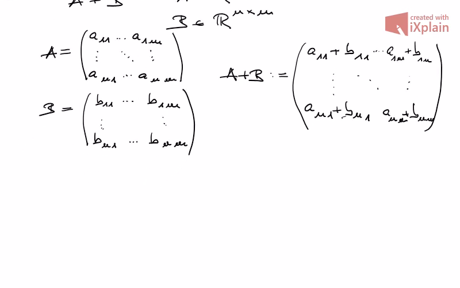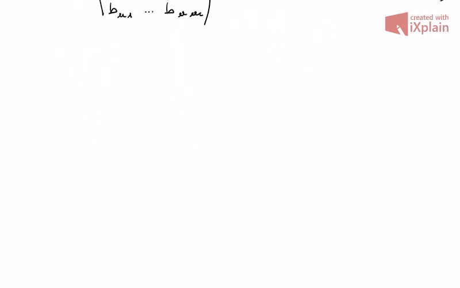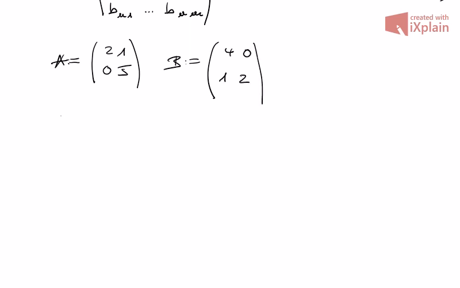So that's really simple. So let's do an example. If we have A equals 2 1 0 5 and B is defined as 4 0 1 2, you can compute C as A plus B, which is what?